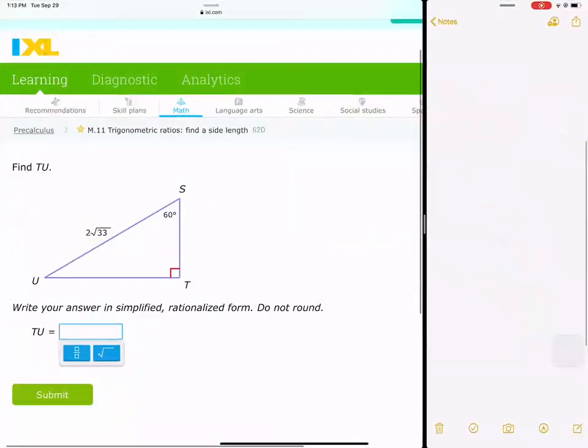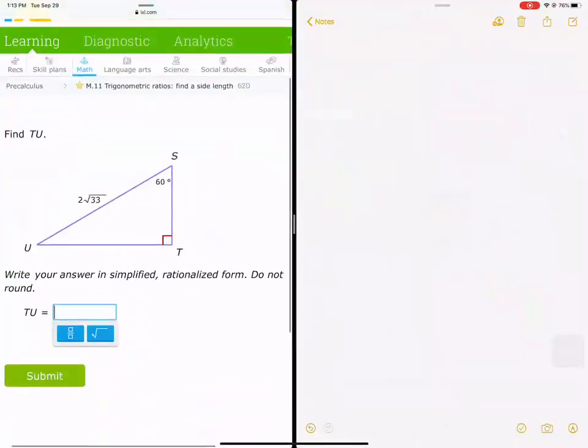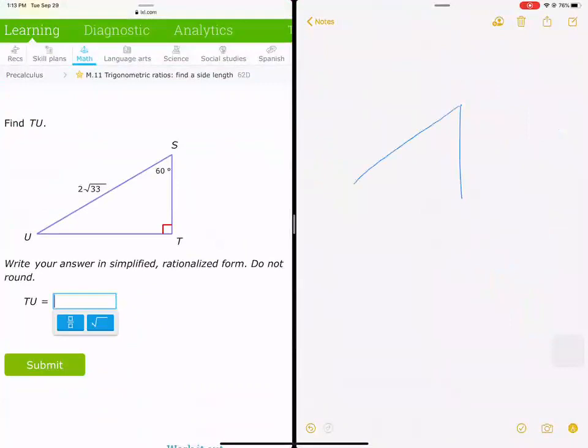Okay, the next question here is another 30, 60, 90 triangle. And we look at it. Since it's a 30, 60, 90 triangle, Mr. Go, how do you know it was 30, 60 so quickly? Because if it's 90 degrees, that's one of my three angles. If the other one is 60, the other one has to be 30 automatically. They gave us 2 square root of 33.